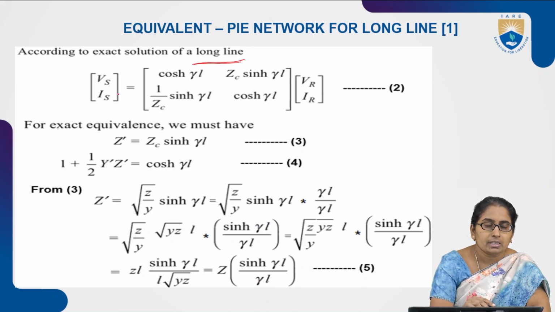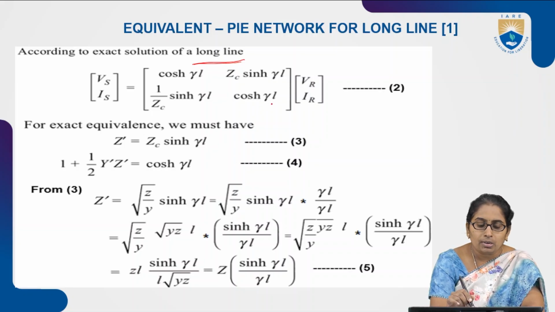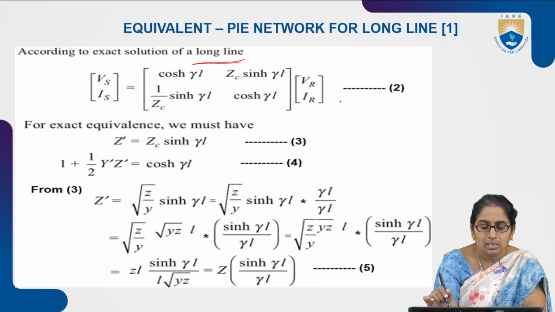Vs and Is is equal to: A constant is cosh gamma l, B constant is Zc sinh gamma l, C constant is 1 by Zc sinh gamma l, and D is cosh gamma l, into VR and IR. The previous slide's matrix equation is equation 1, and this is equation 2.